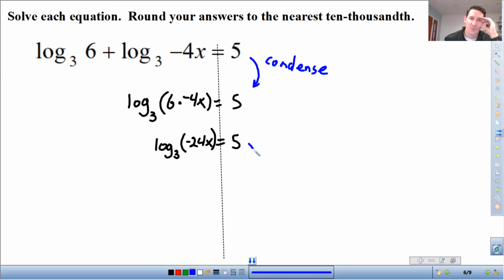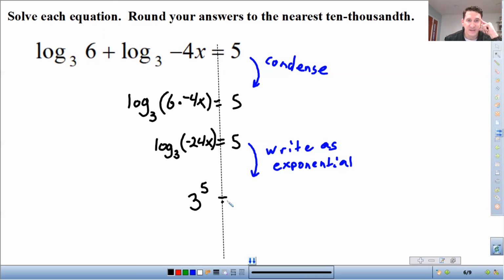Now, once I'm here, I'm going to convert to an exponential. The base of the log is 3, so the base of the exponent is 3. The 5 becomes the power, and it's equal to -24x.